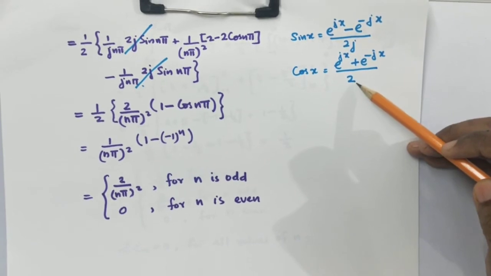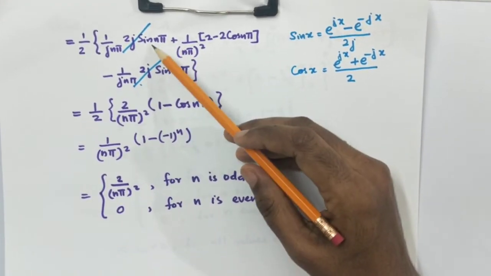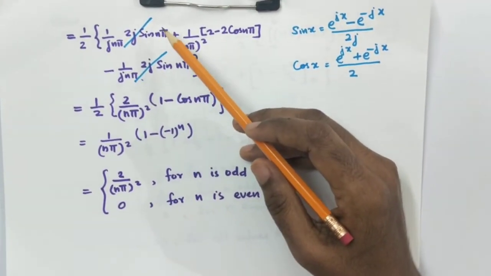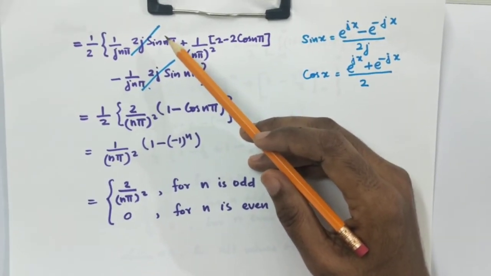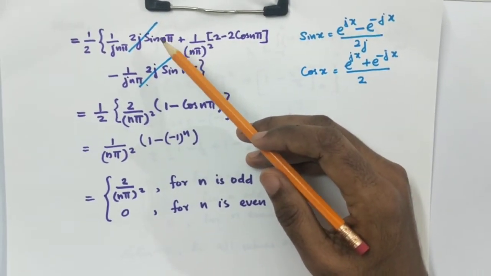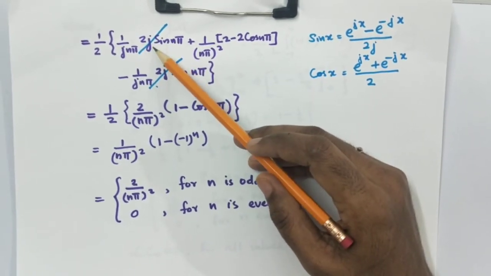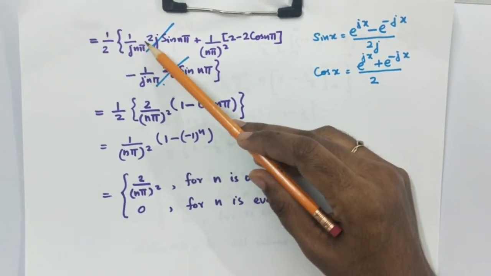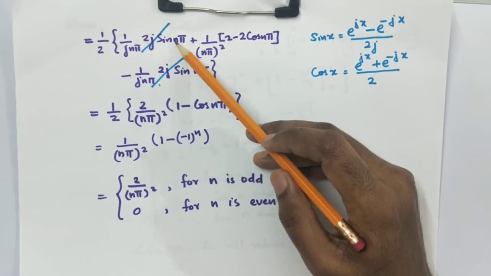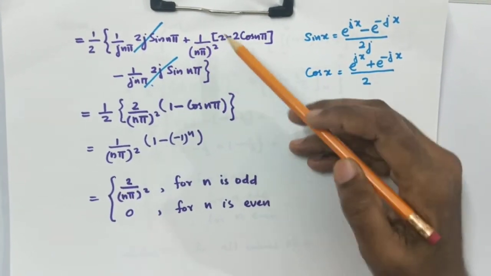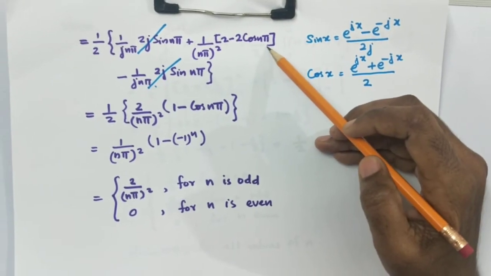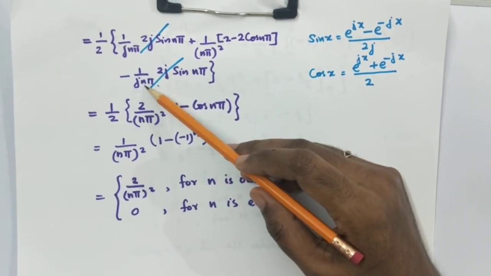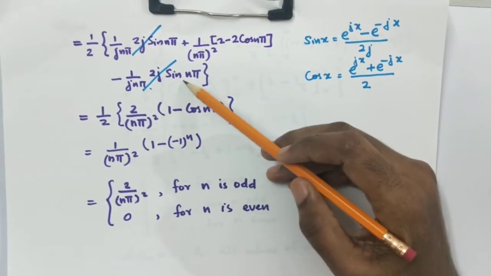So we are substituting these for e raised to jnπ minus e raised to minus jnπ and e raised to jnπ plus e raised to minus jnπ. So here we are giving those values: 1 by jnπ into 2j sin nπ plus 1 by nπ the whole square into 2 minus 2 cos nπ minus 1 by jnπ 2j sin nπ.